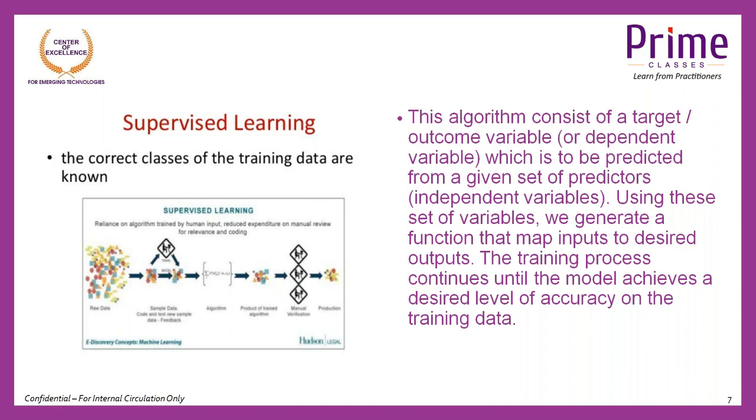Generally we represent those factors as x. Factors could be the number of hours the student studies, the number of hours the student plays, the number of hours the student watches TV. Now, some factors can impact negatively, some factors can impact positively, right? If you play for more hours, probably it's going to have a lower impact. If you study for more hours, probably it's going to have a higher impact on your marks.